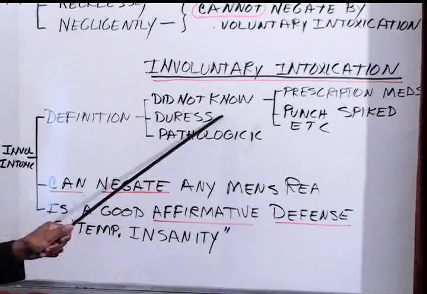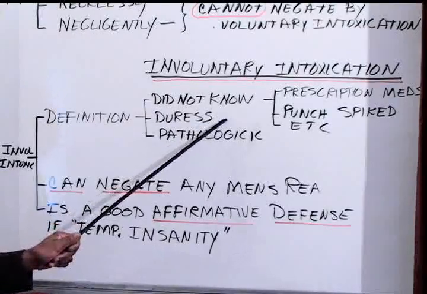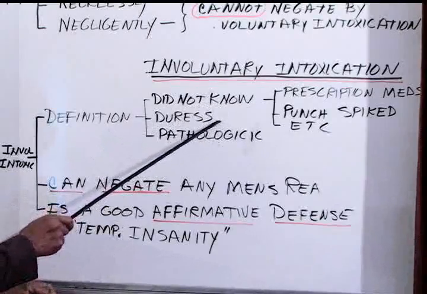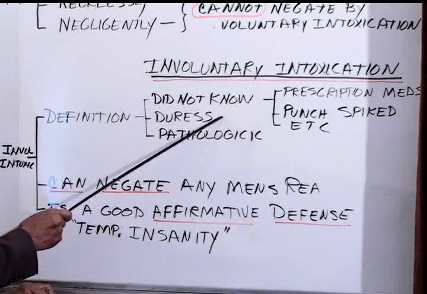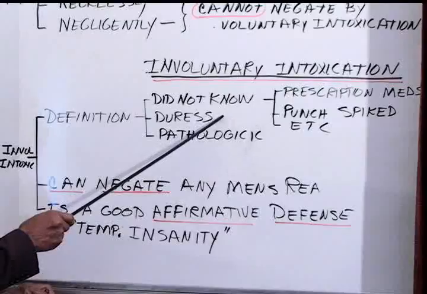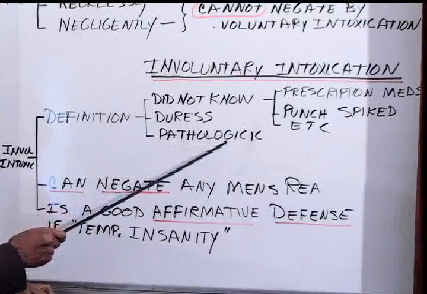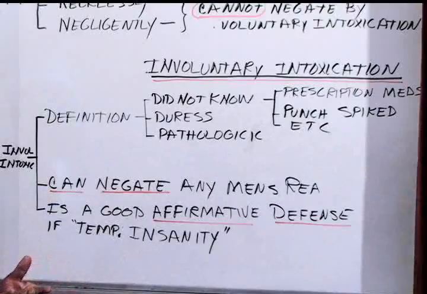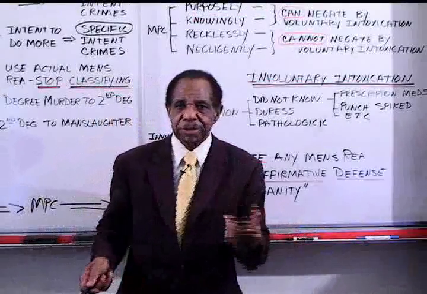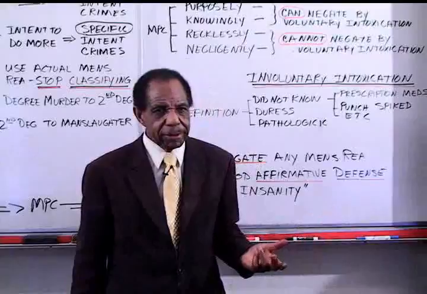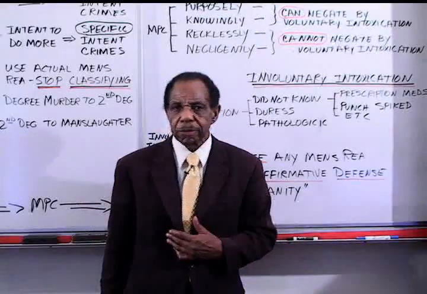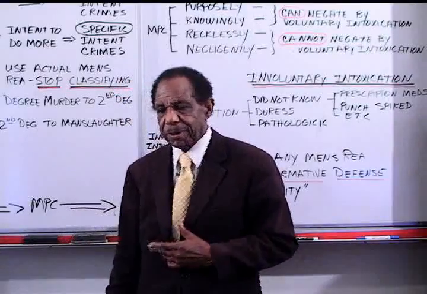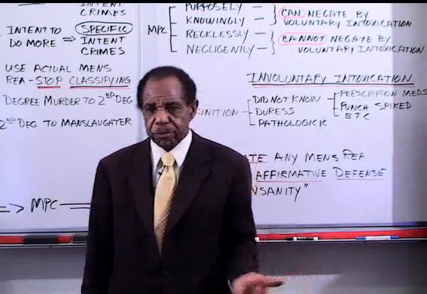Duress, of course, is going to look for a lot of threats before they will accept the fact that someone got intoxicated by duress. The mere fact that your friends will laugh at you if you don't take the drink won't do. Pathologic, this is the case where the person took a little bit of some drug, 2 sips of wine, and little did that person know that their body was so allergic to this stuff that they just freaked out and lost control.